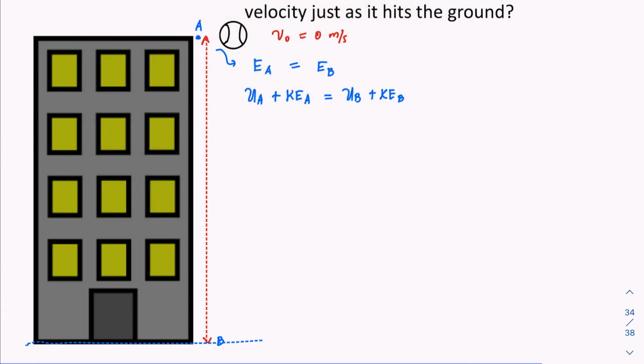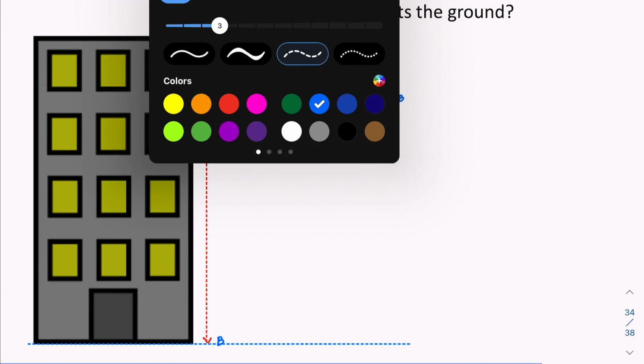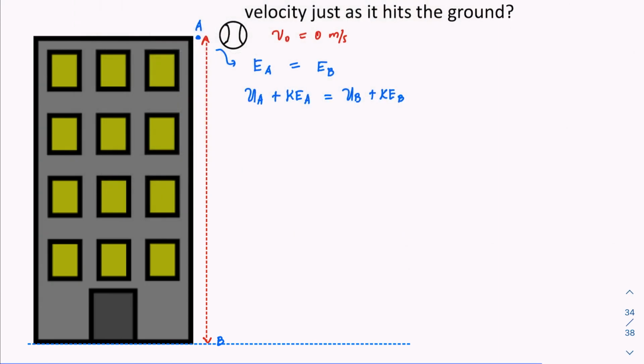For convenience in this problem, you have the choice where you will set h equal to 0. I find it most convenient to set h equal to 0 on the ground, and we will see the reasoning later.